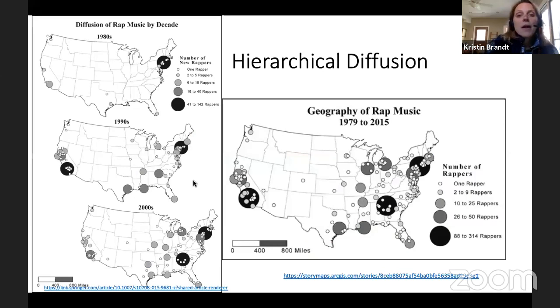Hierarchical diffusion, most of your textbooks have something that probably connects to the spread of music. And so we talk about rap, where it originates. If you look at the 1980s and look at New York City, and then how it's spreading or diffusing throughout the United States. Let's be honest, I am not very familiar with rap music.